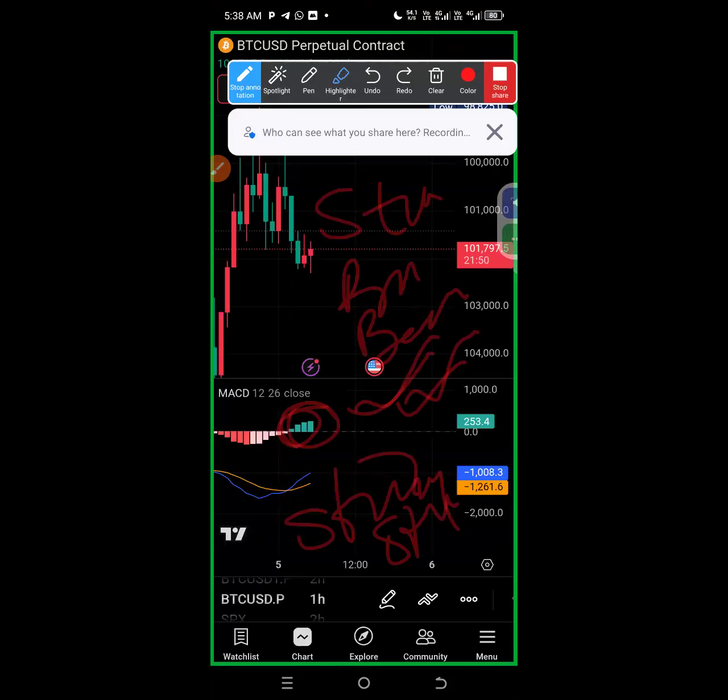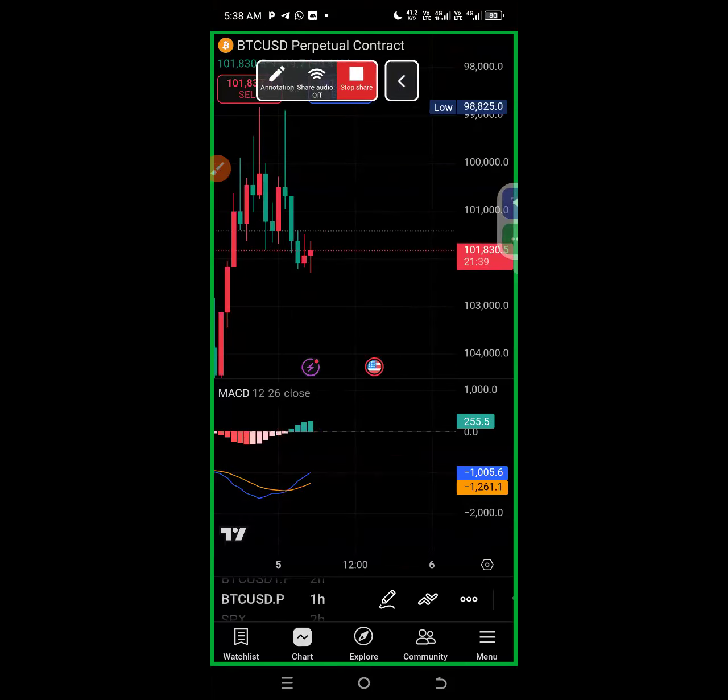If it happens below and then also the histogram is below, it simply means it is strong bearish momentum.